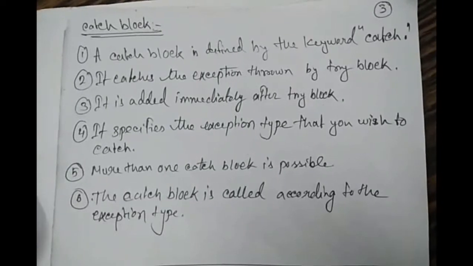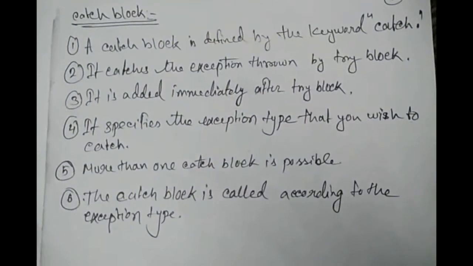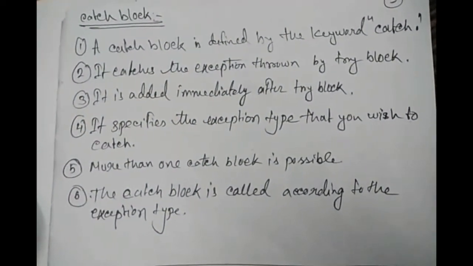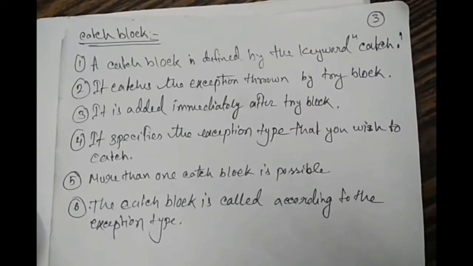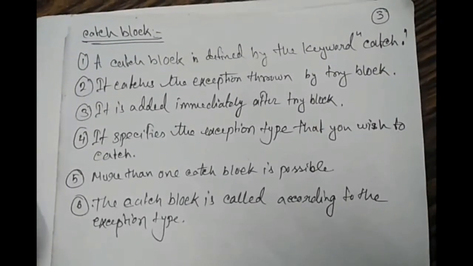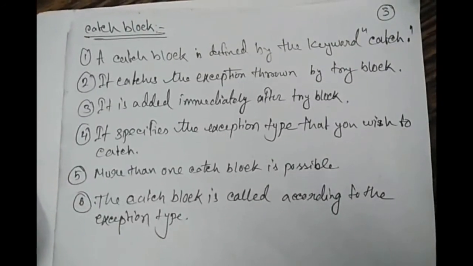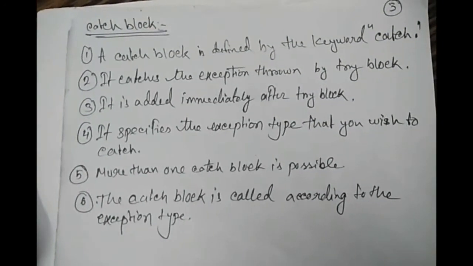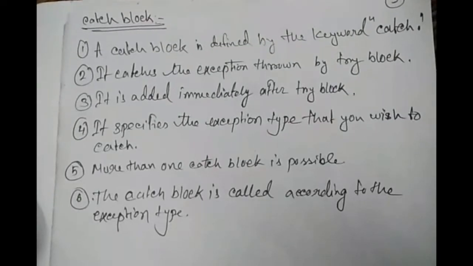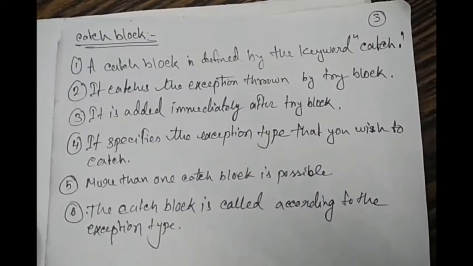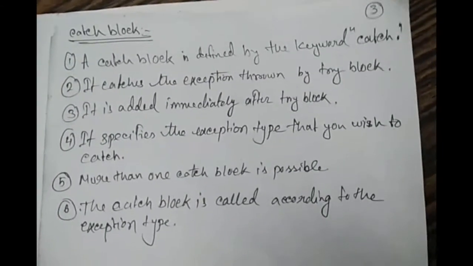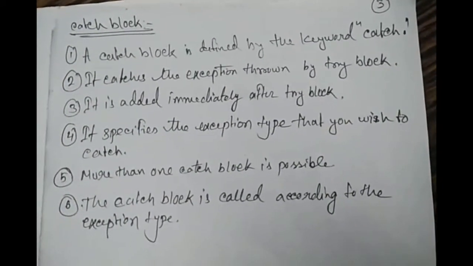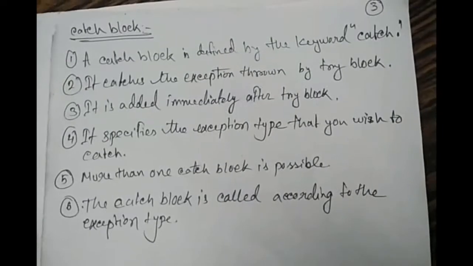More than one catch block may be possible. The catch block is called according to the exception type. So, more than one catch block is possible. If there is more than one catch block, the catch block which matches the exception is called.